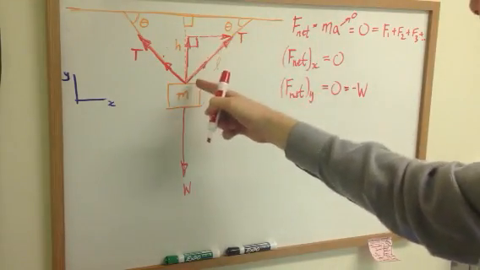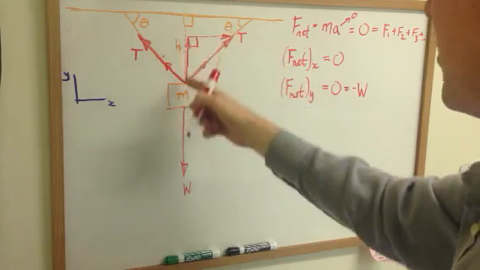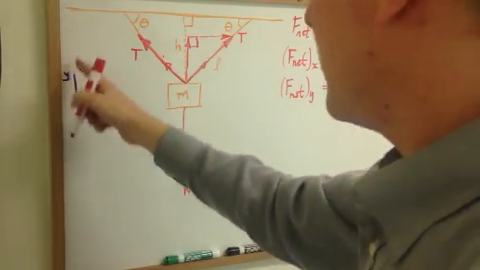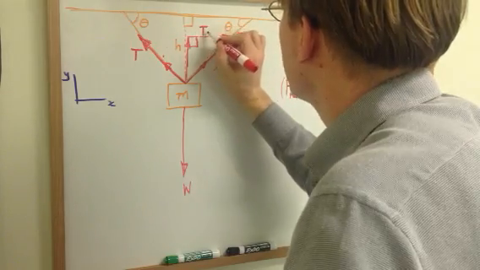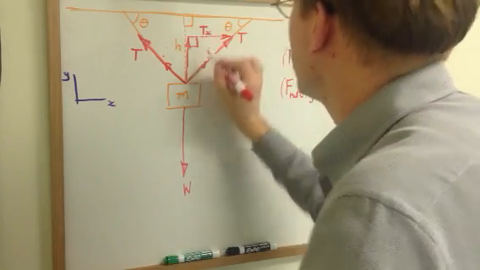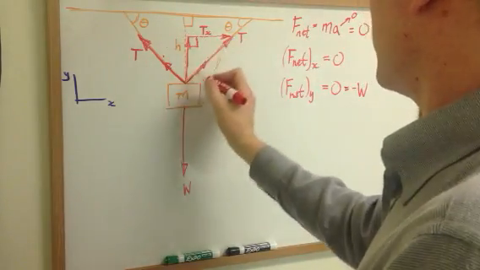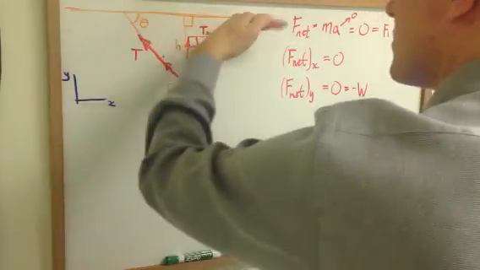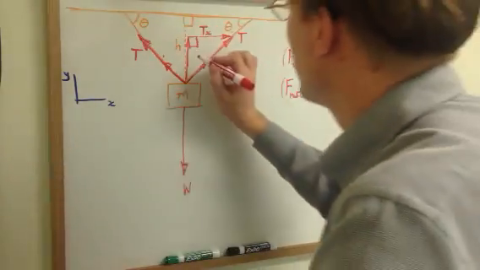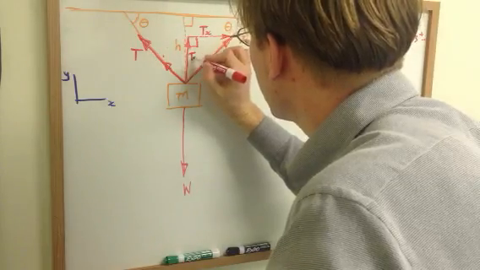My vector is always a hypotenuse. Its components are always parallel to my coordinate system, and I establish that this is the contribution of the tension on an angle. It has some contribution horizontally and some contribution vertically, and I can label that.